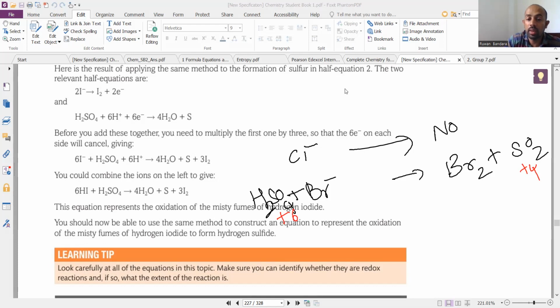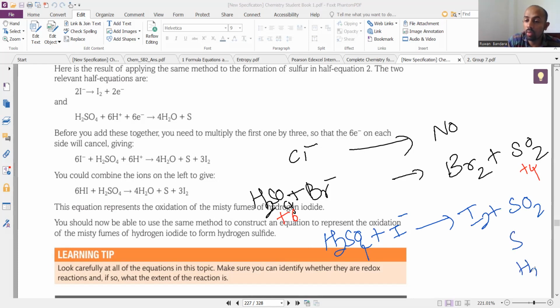But with I minus, it should be +6 to -2: I2, SO2, S and H2S are all possible. Iodine goes from -1 to 0, and sulfur goes +6 to +4, 0 and -2, all are possible. This shows that iodide is a stronger reducing agent.